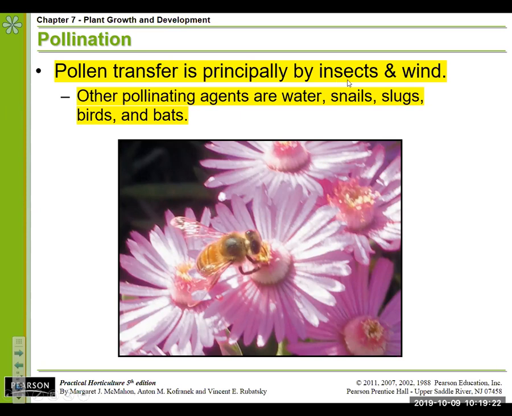And looking at how these plants are pollinated is important in getting proper fruit set. For instance, corn is wind pollinated. All the grasses, all the grass family plants are wind pollinated. So you have to plant them in thick enough blocks to allow for enough male pollen to land on the female parts of the plants. In some cases, plants can be pollinated through water too.